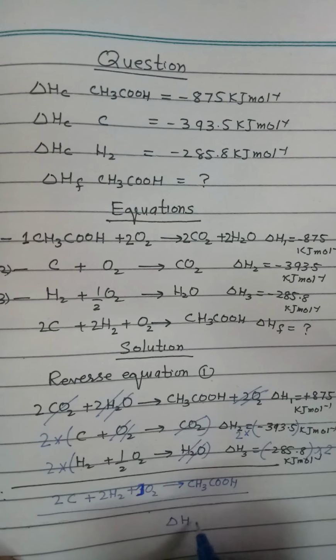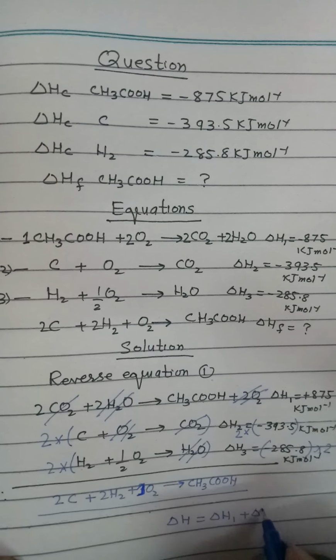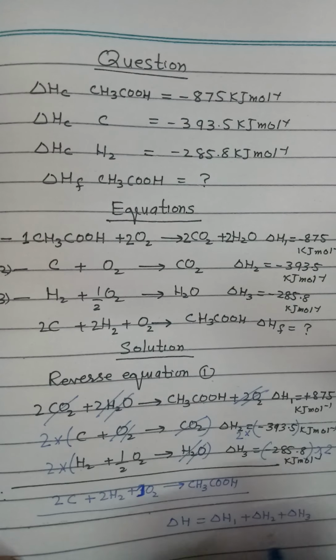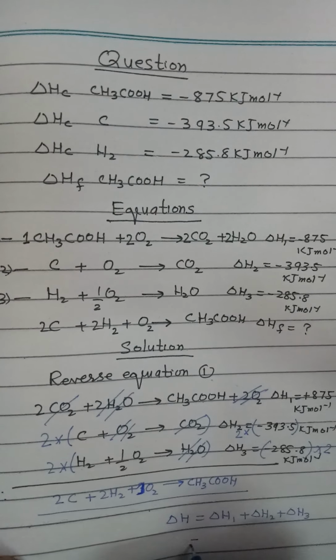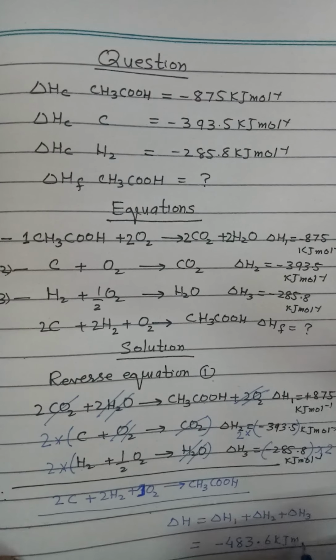And this delta H, if we add it, delta H will be equal to delta H1 plus delta H2 plus delta H3. If we multiply these values, we get the answer equal to minus 483.6 kilojoule per mole.